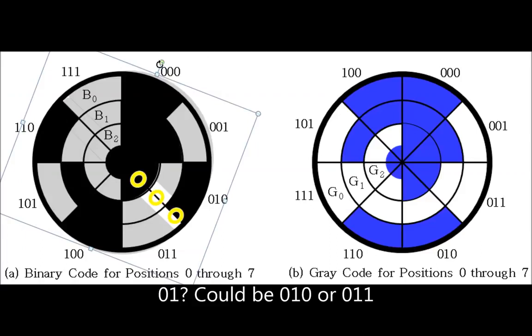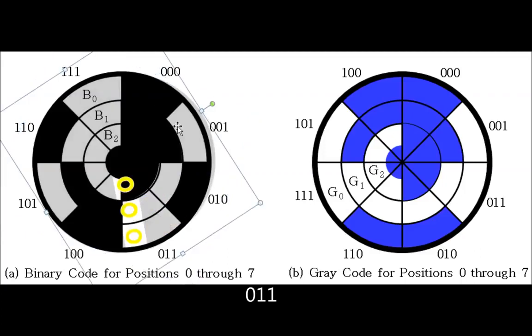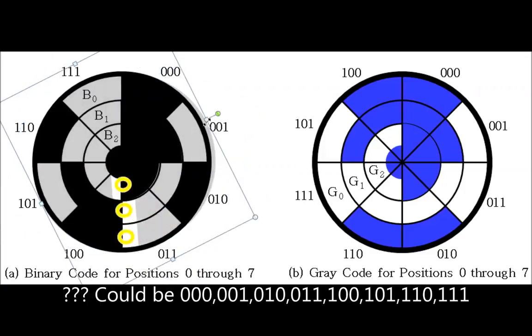And then we come to one of the worst cases, which is where all 3 bits are ambiguous. So we could have any one of the 8 states, because the first bit could be 0 or 1, the second bit could be 0 or 1, and the third bit could be 0 or 1. This is the worst case, along with another case where you go between 7 and back to 0, and could significantly change the decision you make based upon this encoder reading.